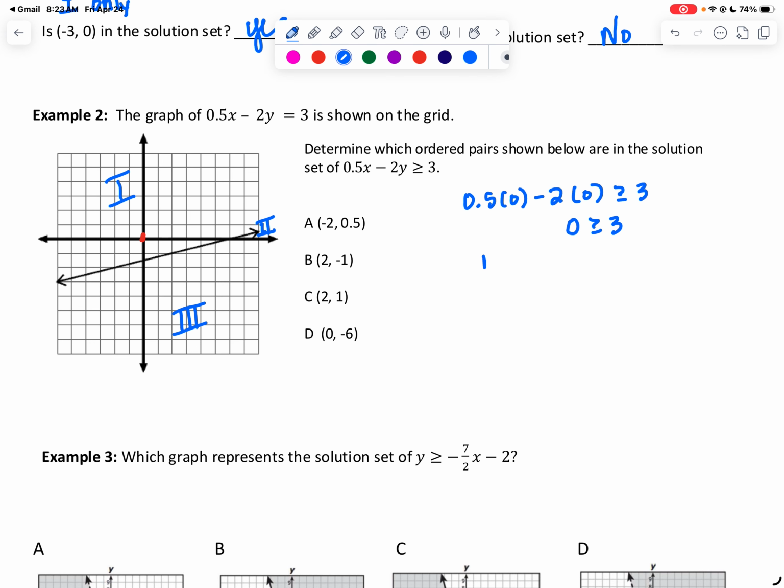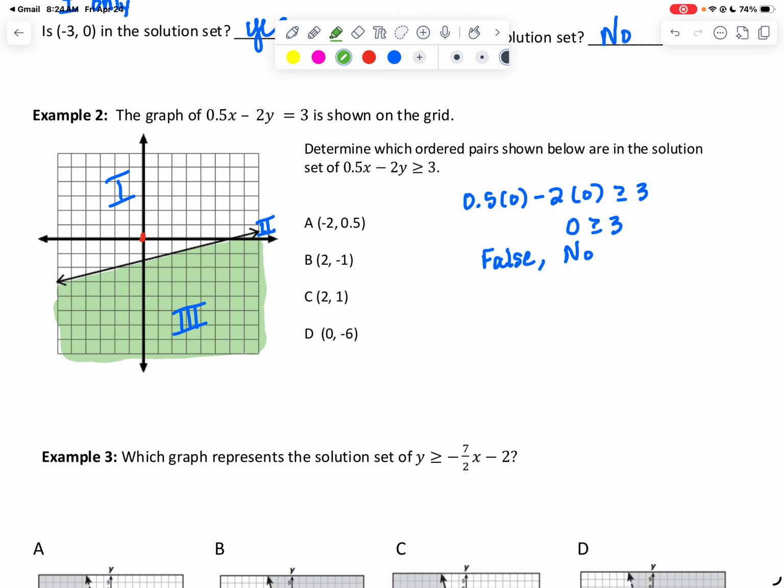That is false. So no, 0, 0 is not a solution. So if 0, 0 is not a solution, ask yourself, which region should I shade? Should I shade region 1 or should I shade region 3? Well, hopefully you said I should shade region 3 because 0, 0 is not in the solution area.